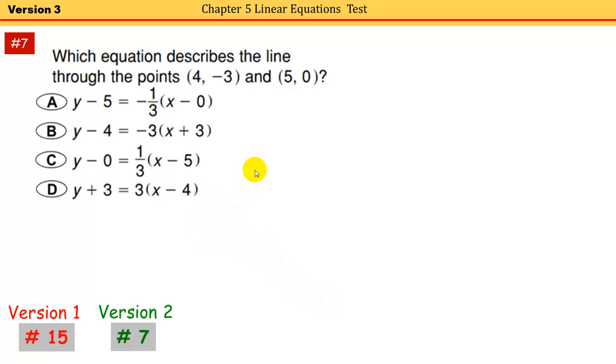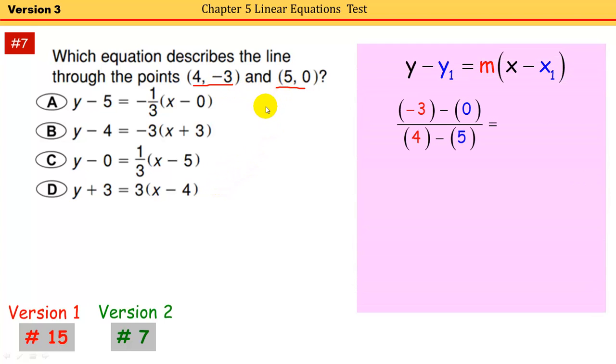Number 7, which equation describes a line through these points? Now notice all these here are in point slope form. And since they're all in point slope form, look at my slopes: negative 1 over 3, negative 3, 1 over 3, and 3. Really, all I would have to do is figure out the proper slope between these 2 points. And if I understand how this works, very simple problem.